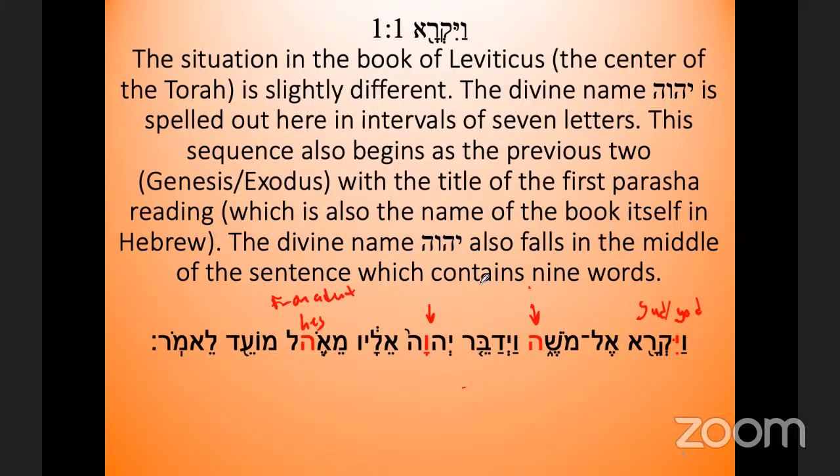So Vav, Hey, and Yud. Hey, Ohel Moed, the tent of meeting. There is something to all of this, but anyway. So here we have the divine name spelled out in code, and the first sentence of Vayikra in the middle of the Torah.